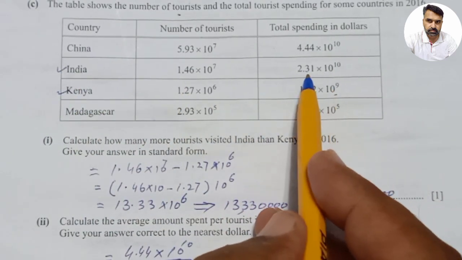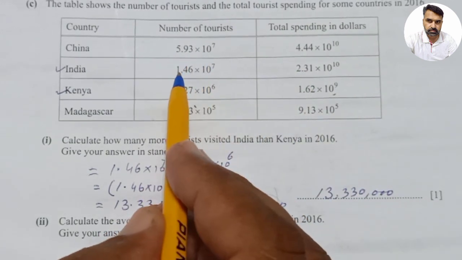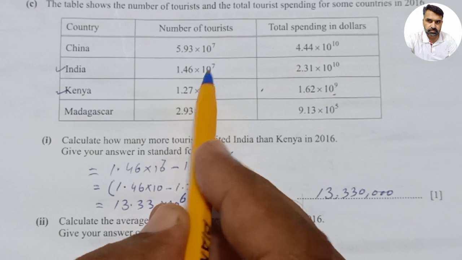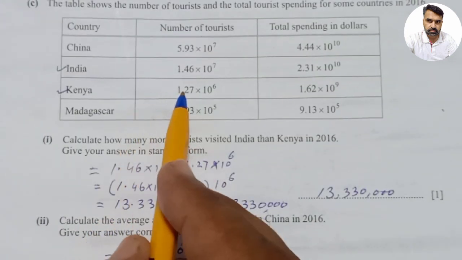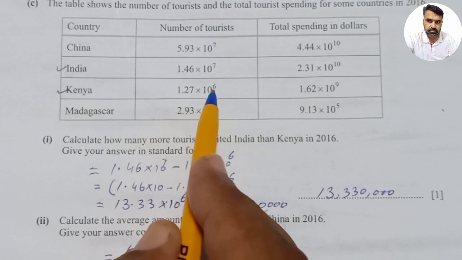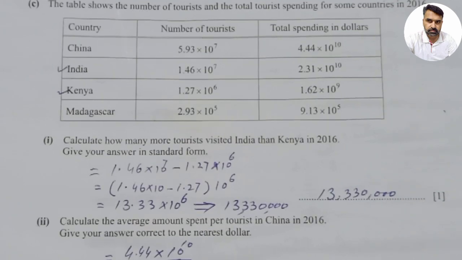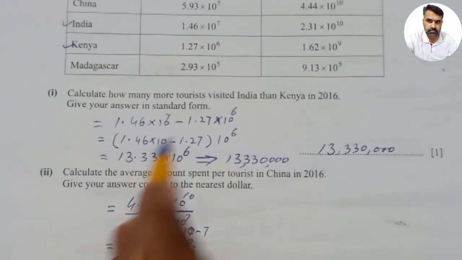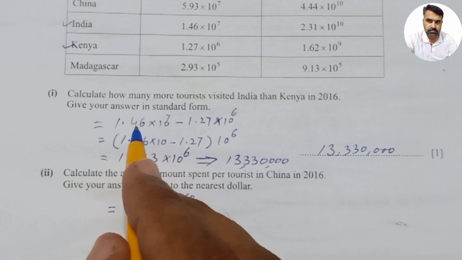India: the number of tourists is 1.46 multiplied by 10 to the power of 7, and Kenya is 1.2 multiplied by 10 to the power of 6. We will subtract the number of visitors to Kenya from the number of visitors to India.